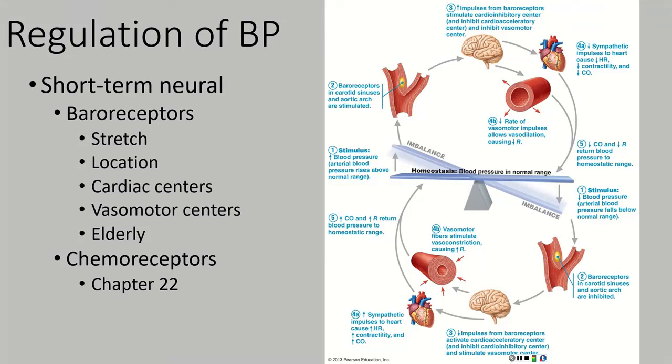Now, this builds on the idea that if we have what is considered a normal blood pressure, then our body has to be able to detect what our blood pressure is at any moment. We alluded to this back when we first started talking about blood vessels, and we talked about the baroreceptors in the aortic arch and the carotid sinuses or carotid bodies.